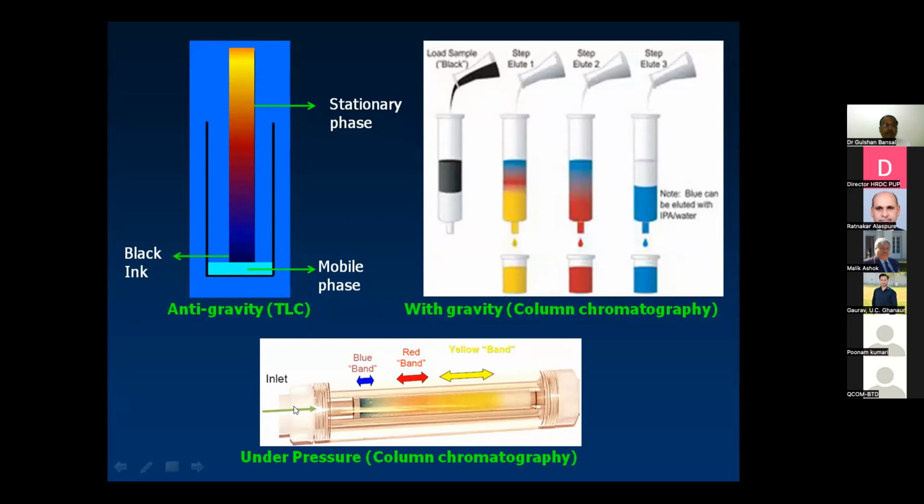Some pressure is applied to make the mobile phase pass through the stationary phase. When the mobile phase passes, it carries along with it the components of the sample, and depending upon the affinity of the components to the stationary phase and mobile phase, the components get separated.